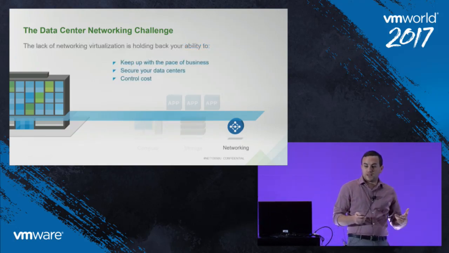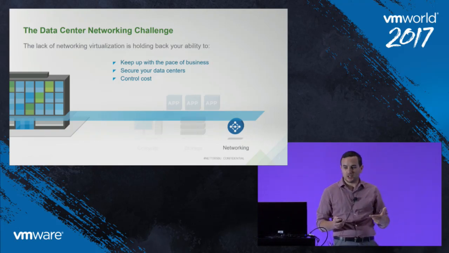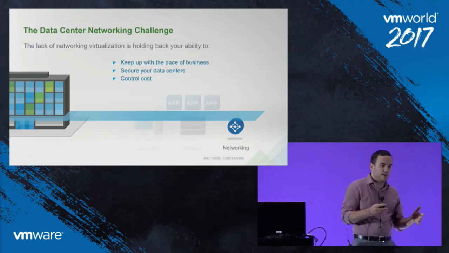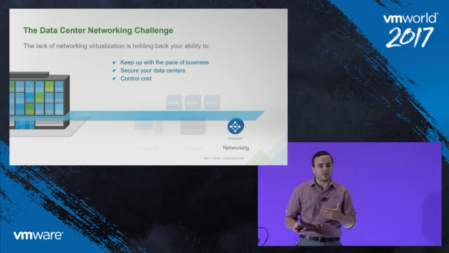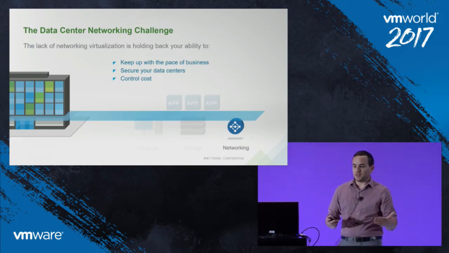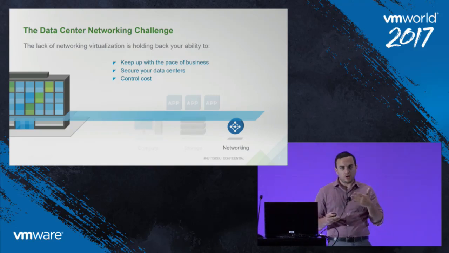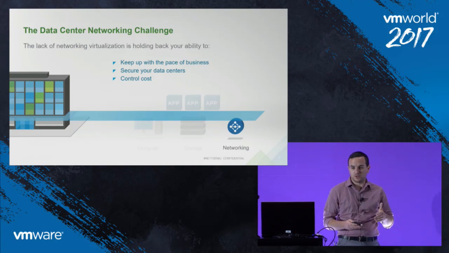So networking fundamentally hasn't changed that much in decades. We've seen a shift from your traditional three-tier architecture to a more leaf and spine architecture, but fundamentally, networking is still a hardware-centric, hardware-defined, rigid, and complex system in most cases.